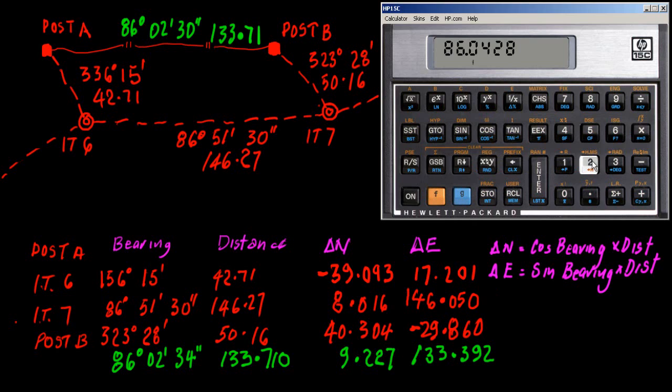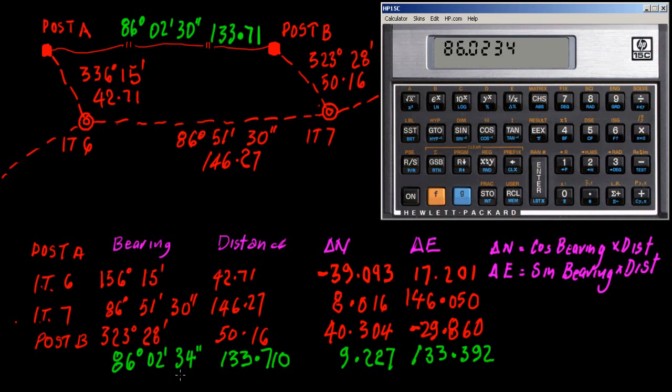We want it in degrees, minutes and seconds: 86 02 34. So then we put our final rounded bearings and distances. I've rounded that to 86 02 30 and 133.71. Put that on our diagram and finalized. There we go. What could be easier than that? Quite easily done. QED.